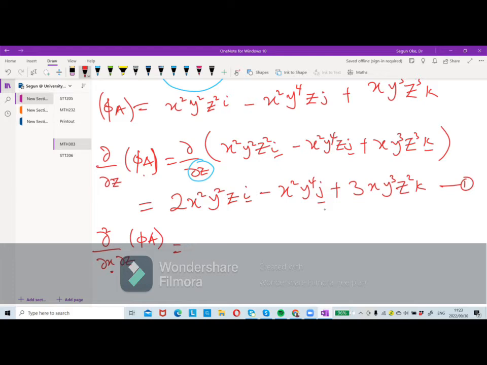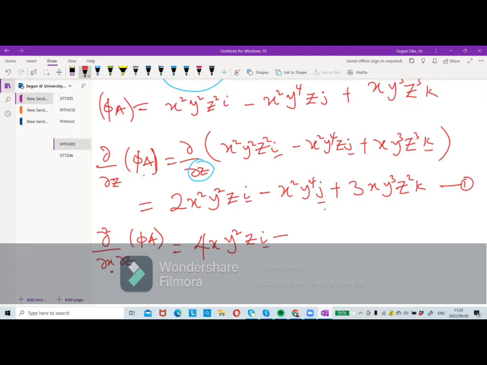Follow the instruction. Follow the question. Don't do what you think. Do what the examiner asks you to do. So let's go ahead. Are you okay now? Yes, sir. Thank you for that question. So let's differentiate with respect to x. You have what now? 4x y squared z i.